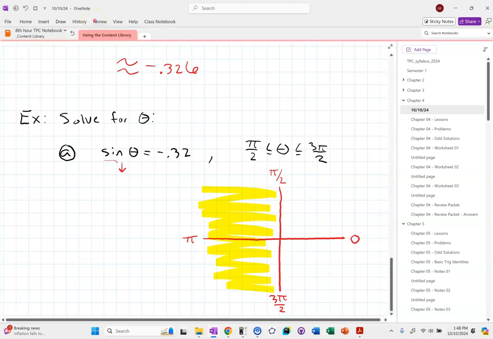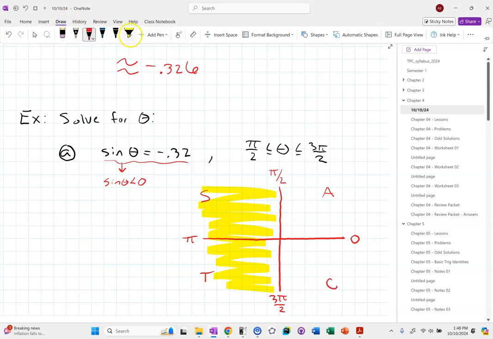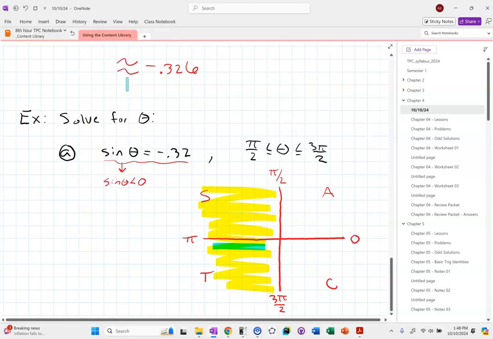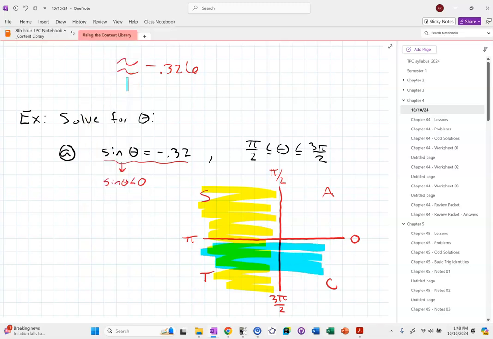Secondly, from this, I can see that sine is negative. So if I do my all silly turtles crawl, I know sine is negative in quadrants 3 and 4. Is everybody okay with that? Okay.